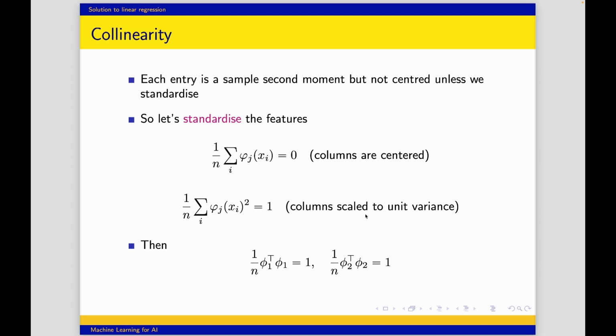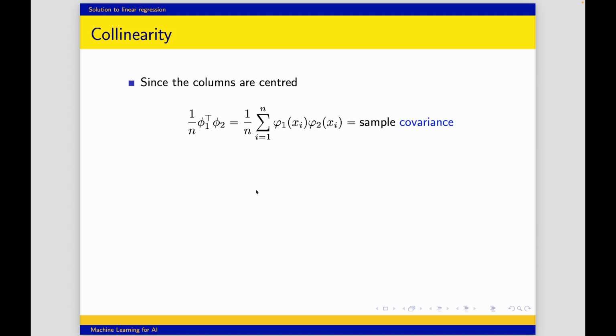We scaled to unit variance both of the features, psi1 and psi2. Now the columns are centered, and so this sum here is going to be our sample covariance because we've got zero mean now. We can assume zero mean now that we've centered the data.